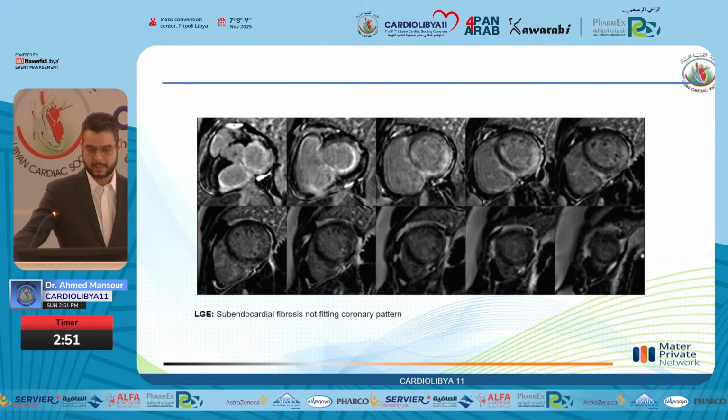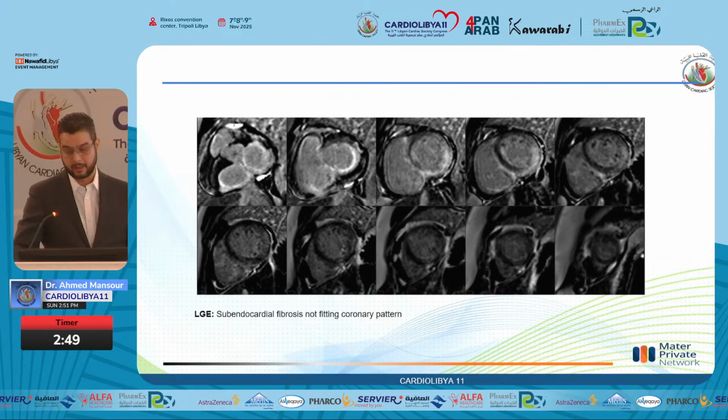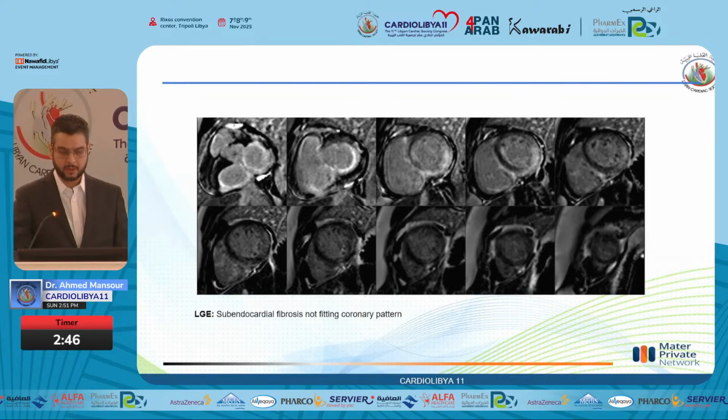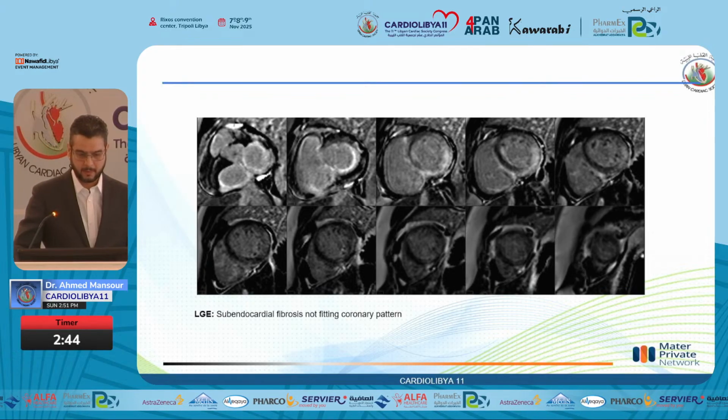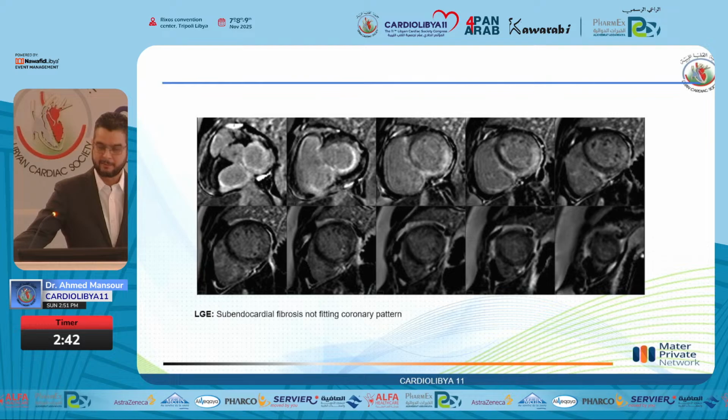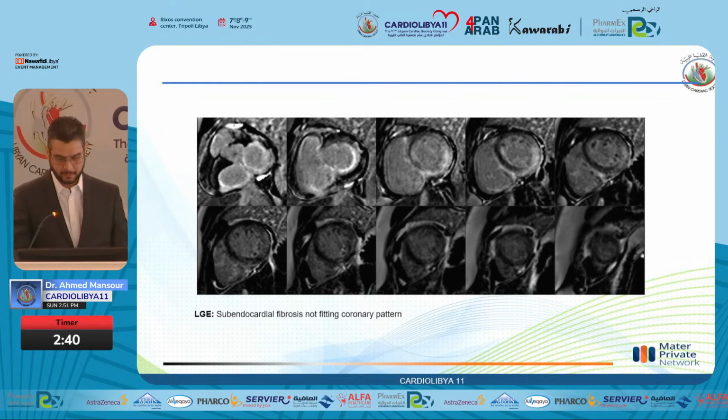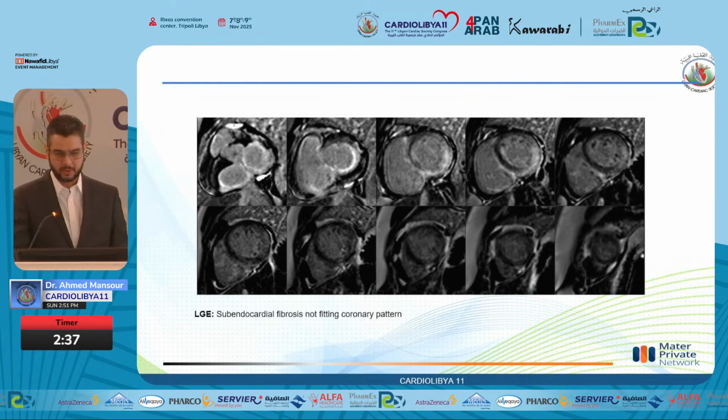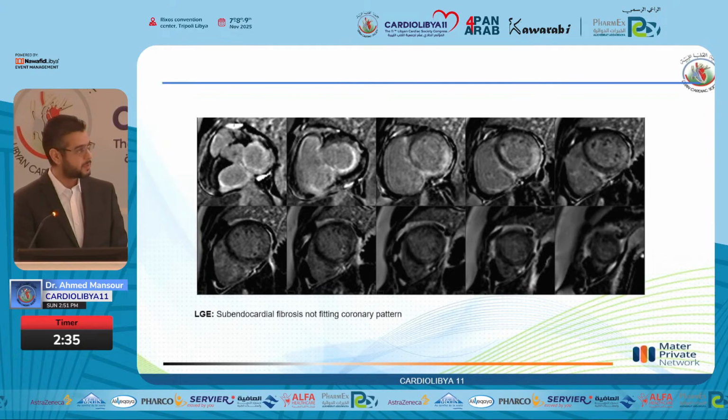We call this difficulty nulling, and it's a feature that represents the diffuse infiltration in the myocardium, which is commonly seen in cardiac amyloidosis.